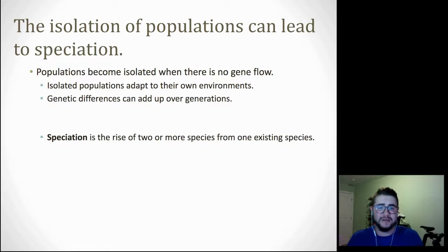And so these isolated populations start to adapt to their own environments, and genetic differences add up from generation to generation. And so eventually that can lead to those species becoming two distinctly separate species.